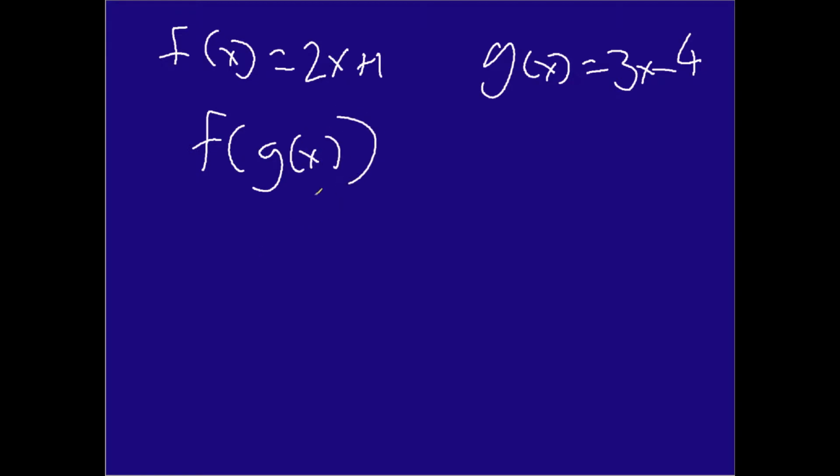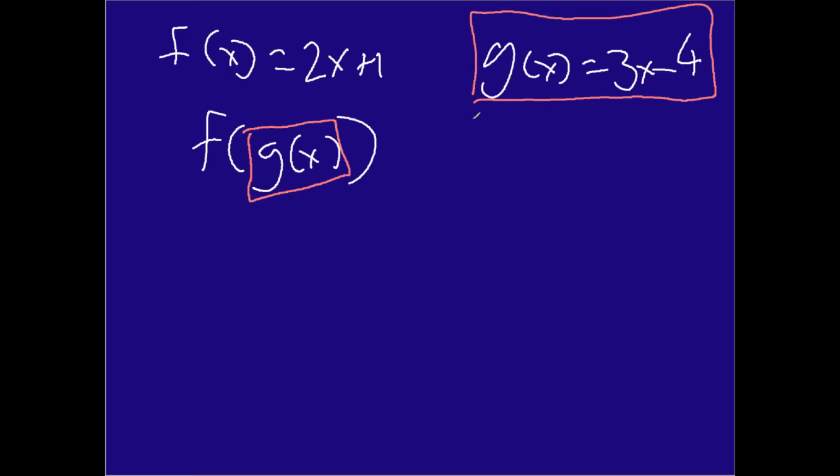So essentially, if you're familiar with computer science, when you have a nested function like this, you do the inner function first. So in other words, I would first calculate this guy right here, the 3x minus 4, and then I would take whatever the answer is for that and put it into this second function right here.